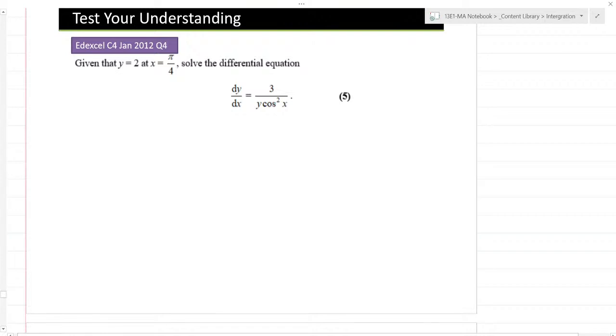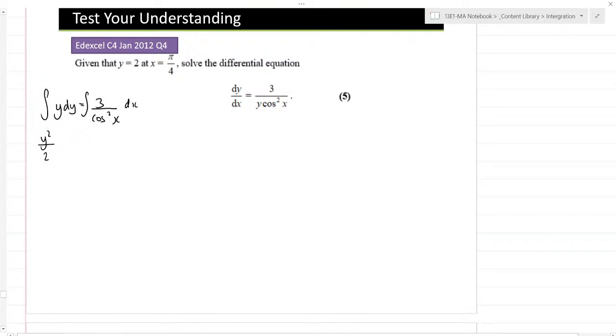So it's going to be y dy is equal to 3 over cos squared x with respect to x. And then I'm going to integrate both sides. So I end up with the integral of y is, as you said, y squared over 2.